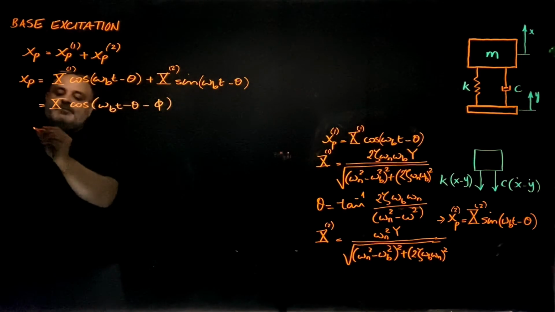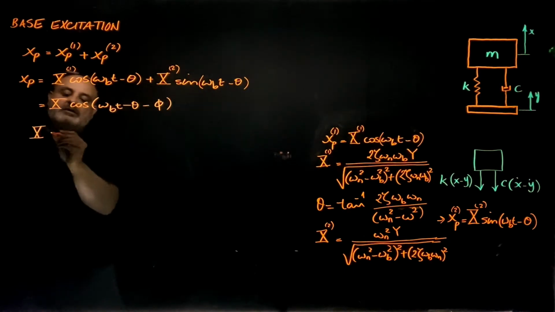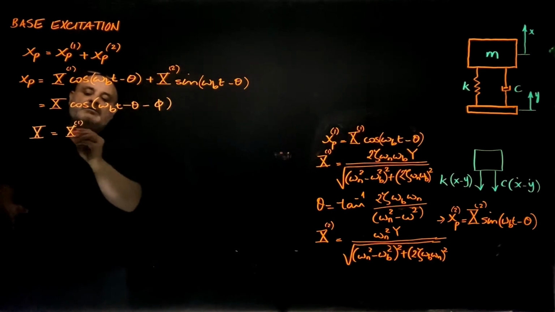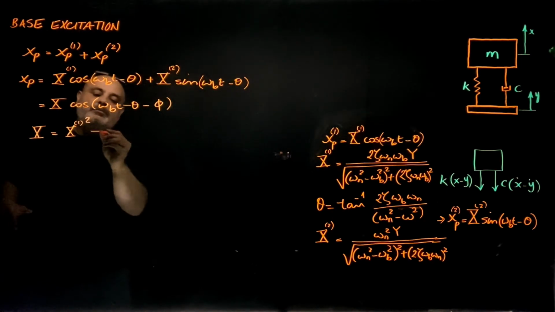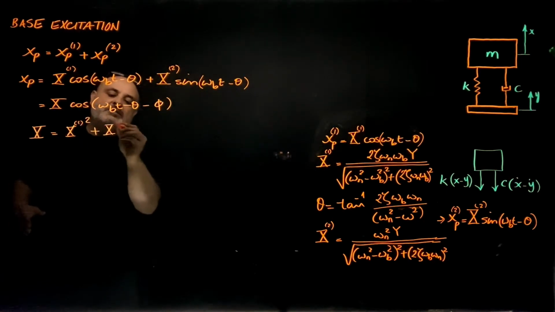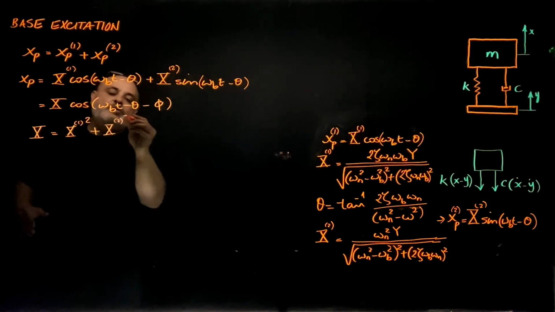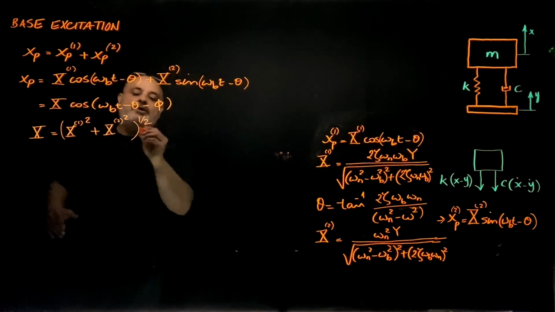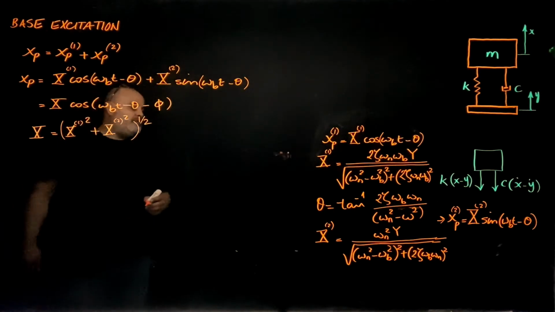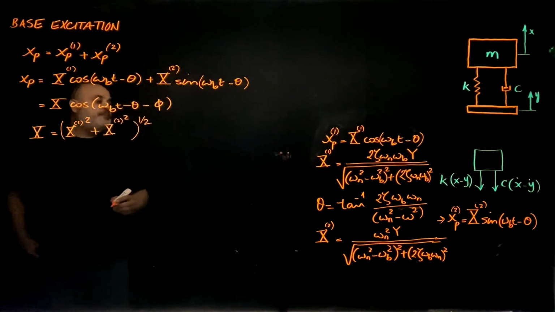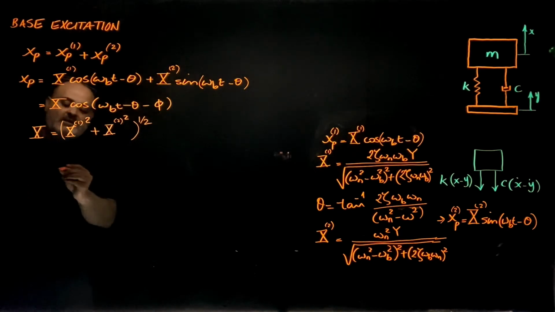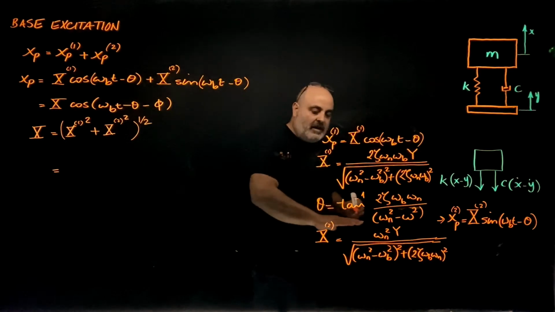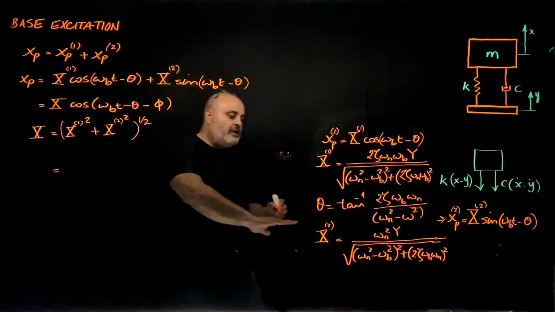Now x is basically x1 squared plus x2 squared, all under square root or power of 1/2. That means that x is going to be the square root of the sum of the square of x1 and the square of x2.